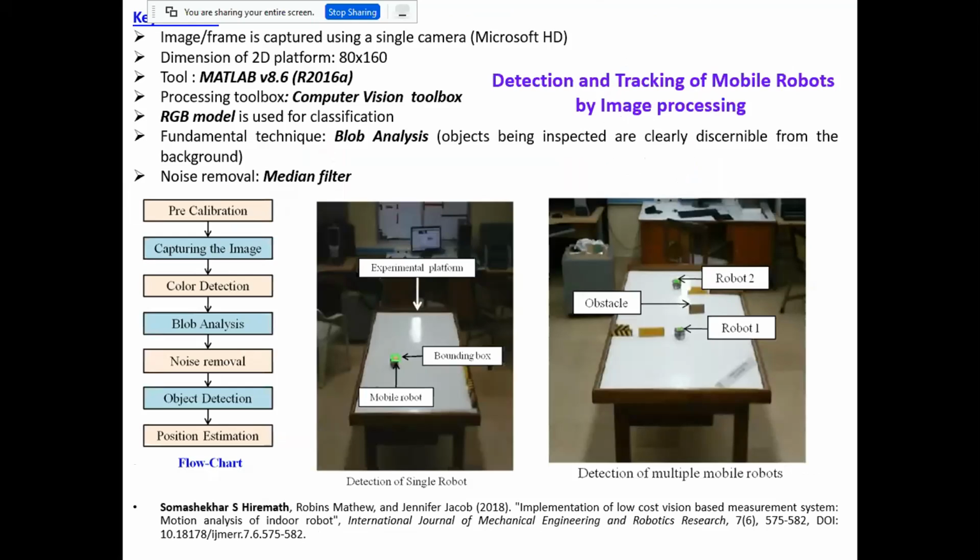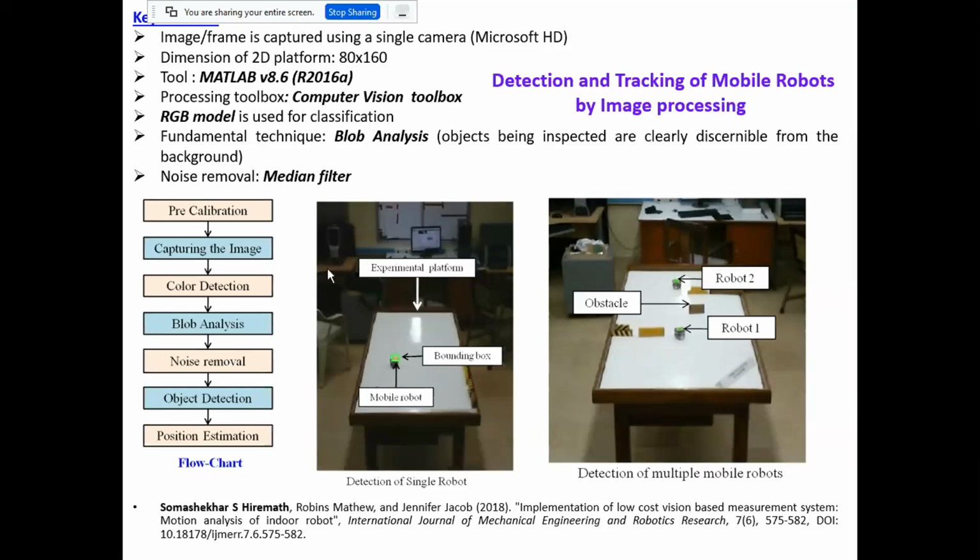One more work we are doing is waypoint navigation of a differential robot using an imaging technique. This is low-cost automation in which an ordinary Microsoft camera is fixed at the top, which detects the robot movement on this 2D platform.